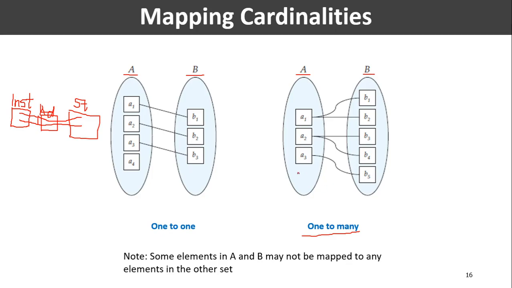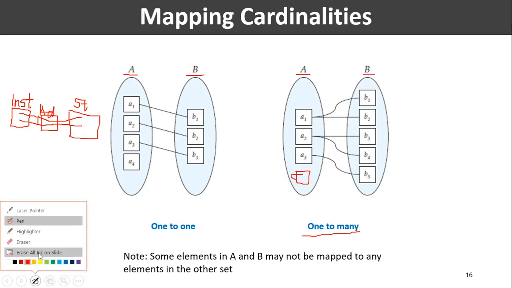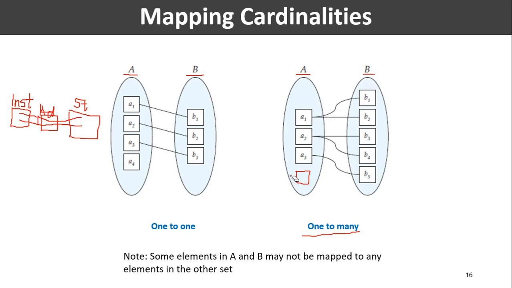What I mean by that is, if I have one more entity in A, say A4, and let us assume that this entity has not been associated with any of the entities in B, then it is okay.